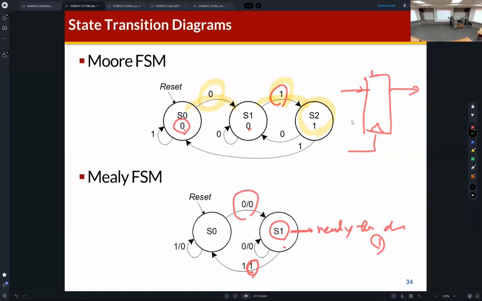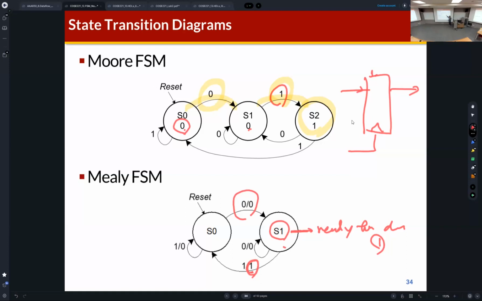So you need to understand the timing difference between the Moore and Mealy FSMs. The Moore FSM output is determined by the current state only, but the current state is changed at the rising edge of the clock. So when the sequence becomes 1, after the rising edge of the clock, the output becomes 1.